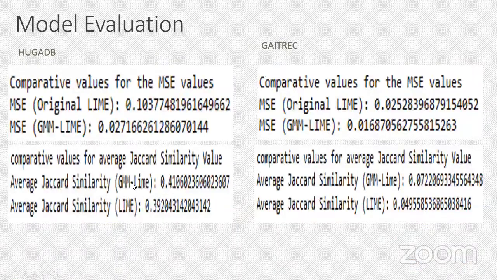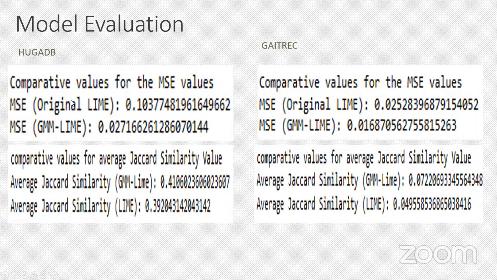To compare the two models using the UGADB, we did two things. We compared it using MSE, that is the standard error, and we also compared it using the Jaccard similarity. If you check the two results, using the MSE, the LIME error is a bit higher when you compare the two models.